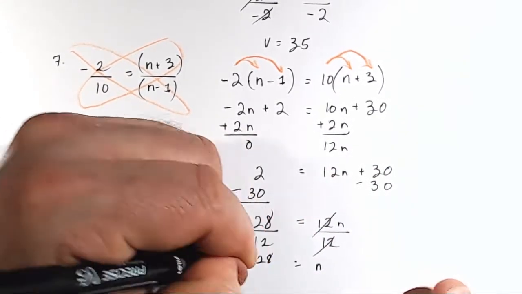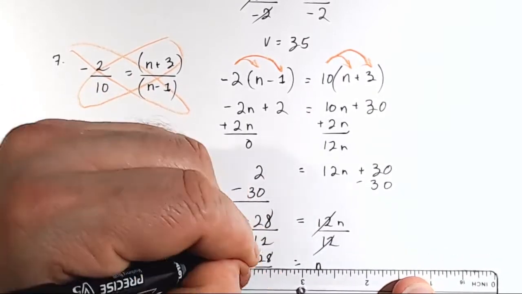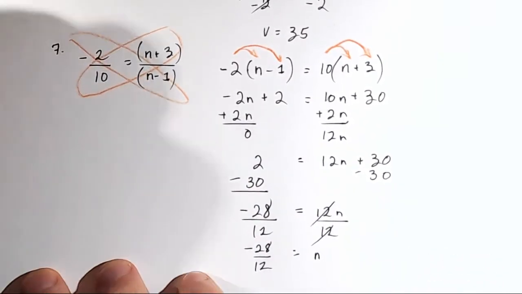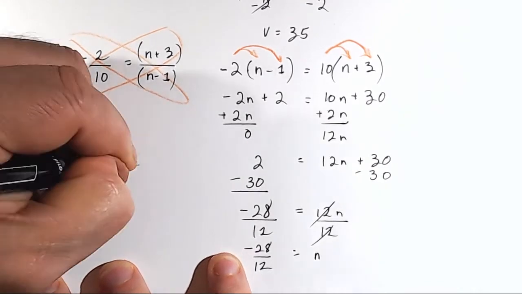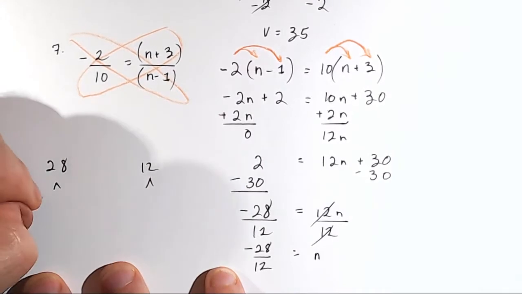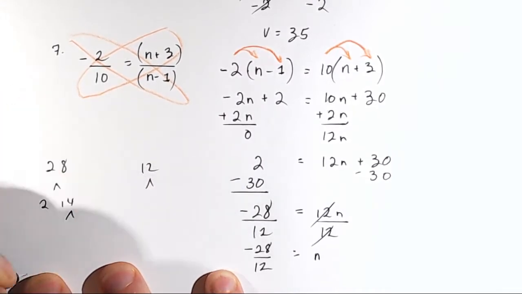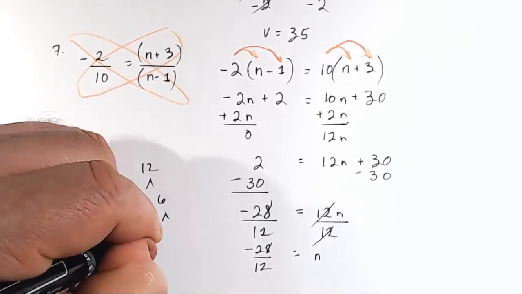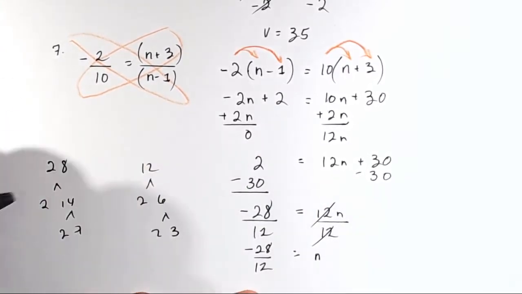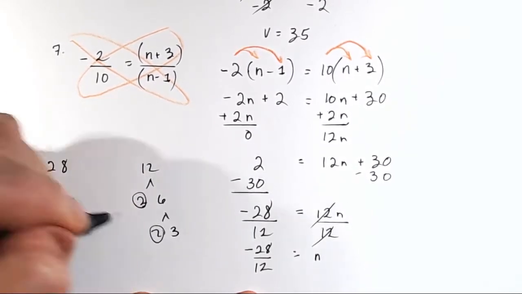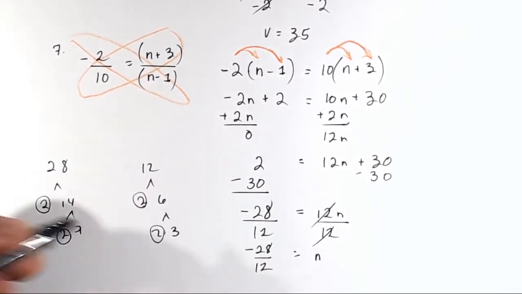negative 28 over 12. We have to factor out the GCF, so we take 28 and 12, and if you're not already thinking of it, you break it down. 2 times 14, 2 times 7, 2 times 6, 2 times 3. Circle the ones that are common. 2 times 2 is 4.